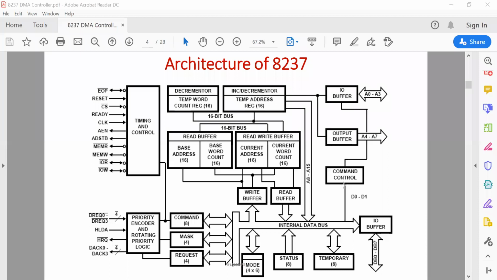It also decodes the mode control word used to select the type of the programmed DMA transfer. The priority encoder and rotating priority logic block resolves the priority between the DMA channels requesting service simultaneously, and the timing and control block derives necessary timing signals from the clock input.